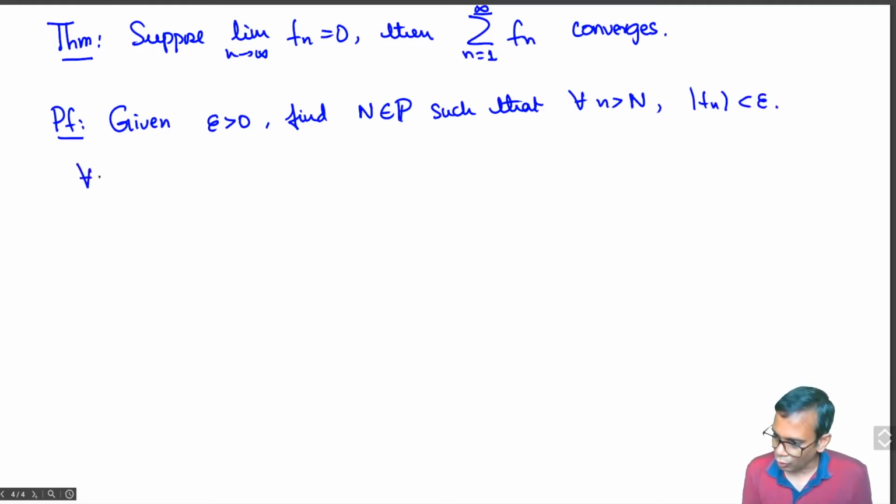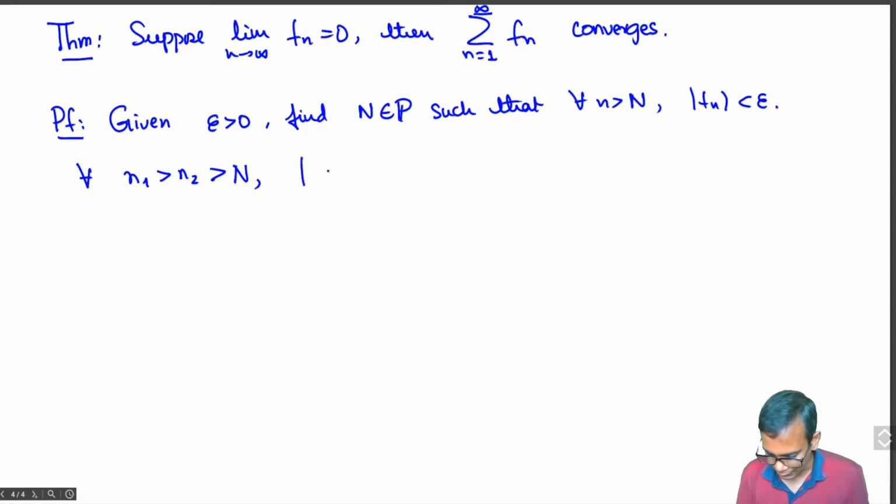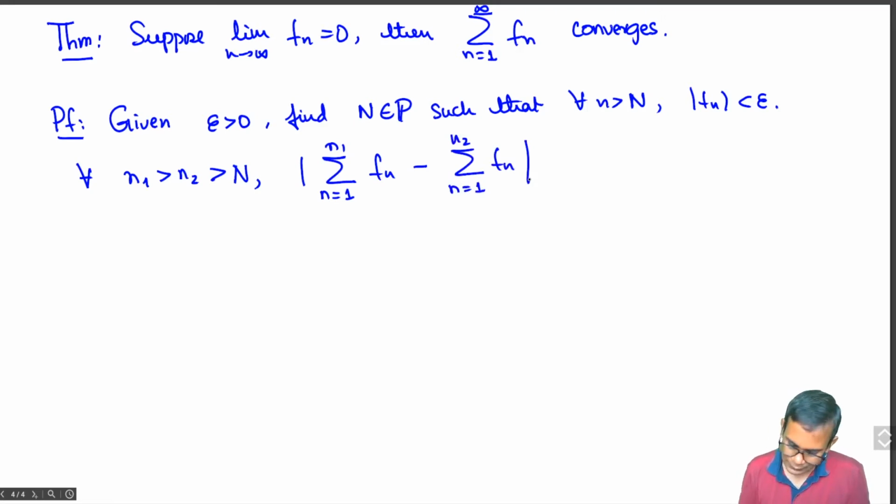Then for all n1 greater than n2 greater than N, if we look at the difference between the partial sums, sum from n equals 1 to n1 of f_n minus sum from n equals 1 to n2 of f_n, this is the distance between these two things.